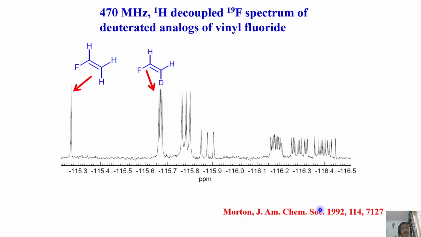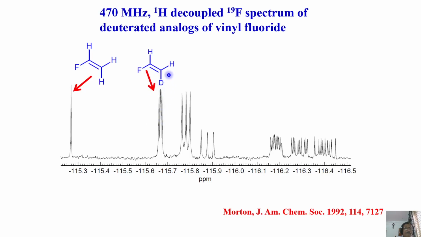Very interesting. As far as the fluorine is concerned, the deuterium is three bonds away. 3J FD coupling is there, but it is a cis three-bond vicinal coupling, a cis orientation, and the coupling you can easily measure.